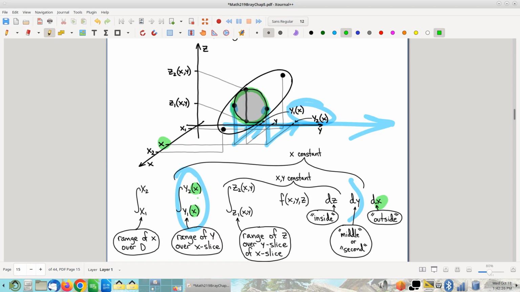Okay. And then lastly, given a fixed value of x and also a fixed value of y, and looking only at this y slice of our x slice, right? And trying to understand the range of values now of z.